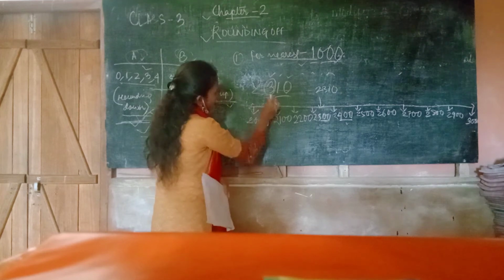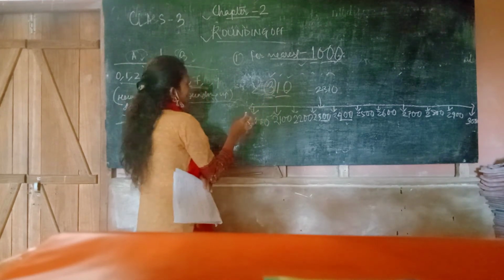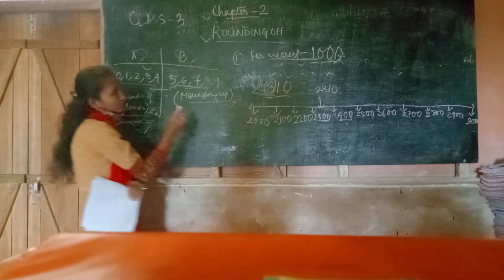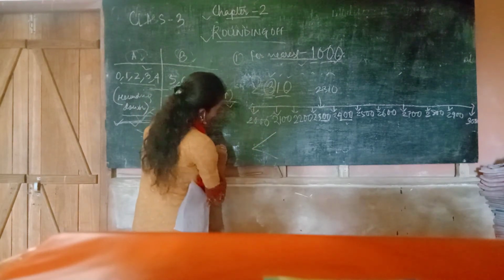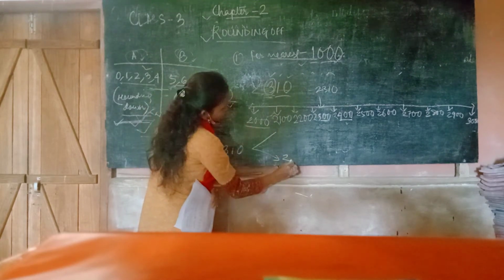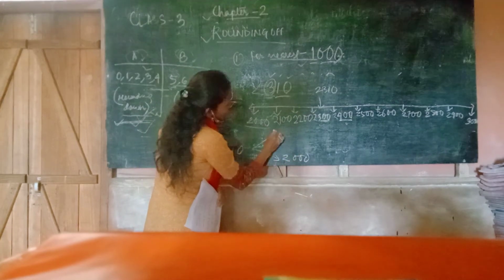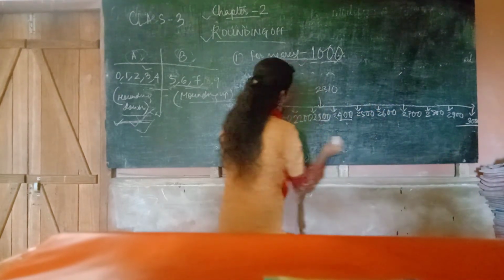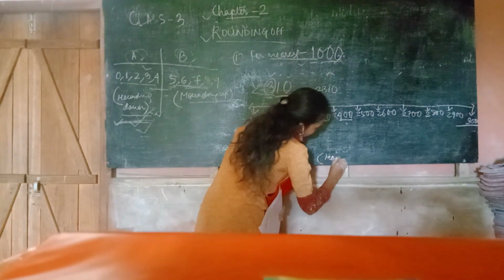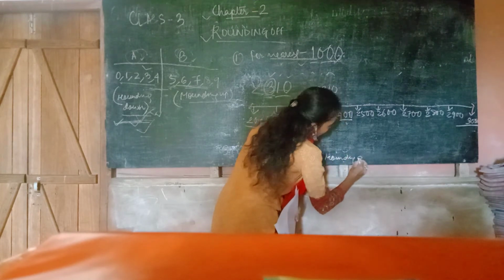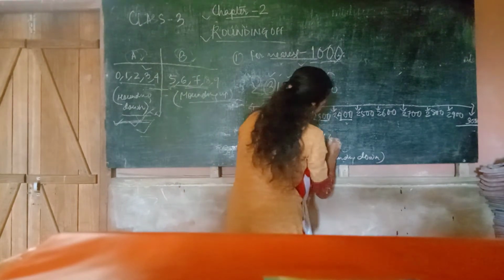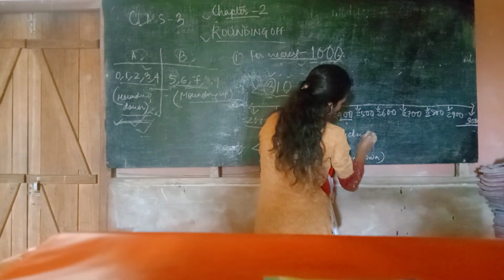So here you can see the digit in the hundreds place is 3, which is less than 5, meaning rounding down. For 2310, the lowest number is 2000 and the highest is 3000. We call the lowest number rounding down and the highest number rounding up.